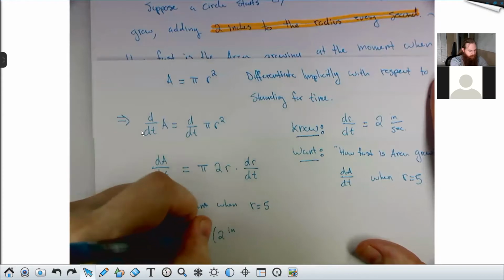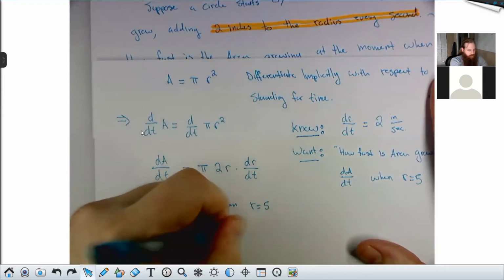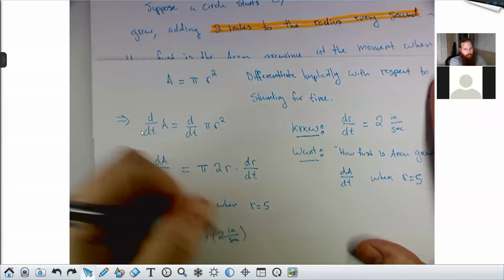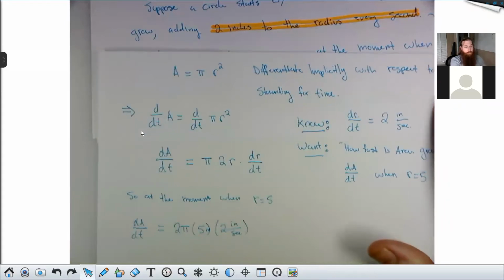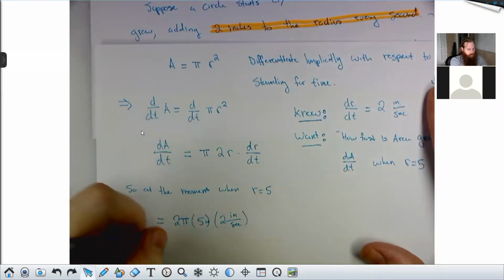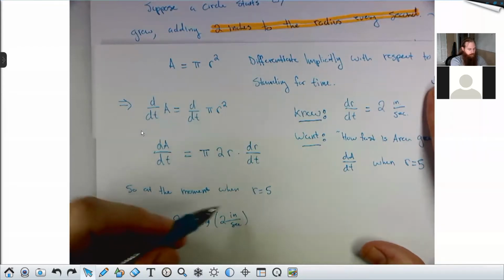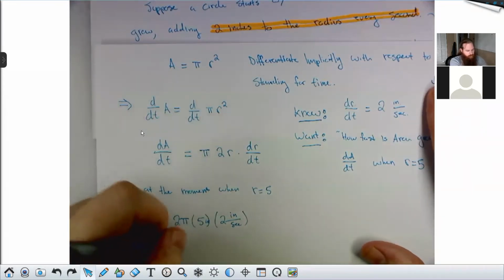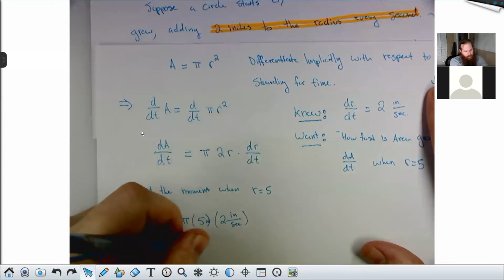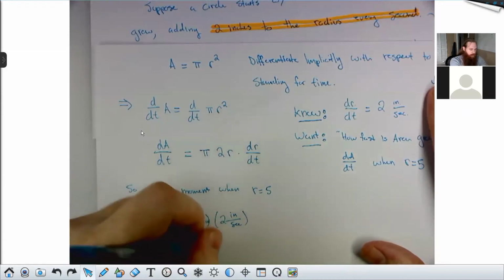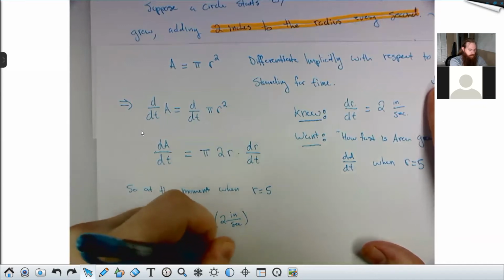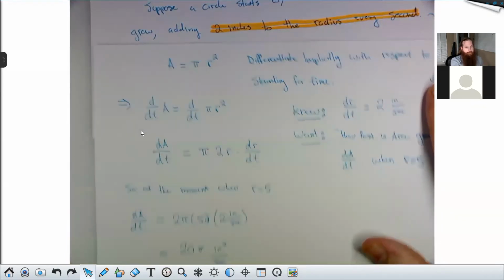I should really say 5 inches per second. So altogether, I have 2 times 5 times 2, that's 20 pi. Inches times inches is inches squared per second.